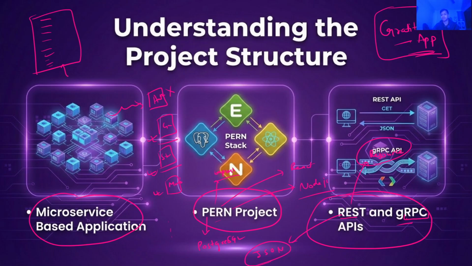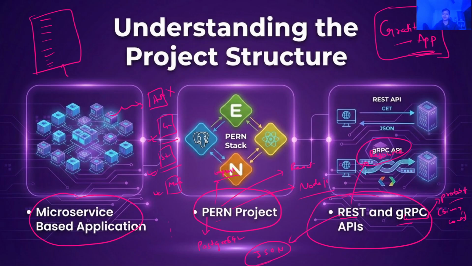On the other hand, gRPC uses something called protobuf. It's more like a binary, which is compact, right? JSON is a more textual, human-readable format, but protobuf is binary. It's very compact altogether.